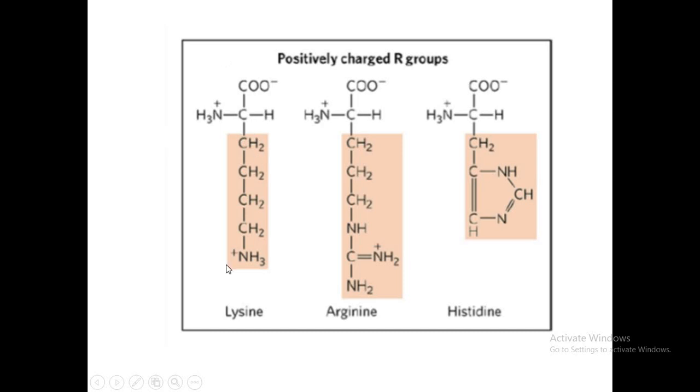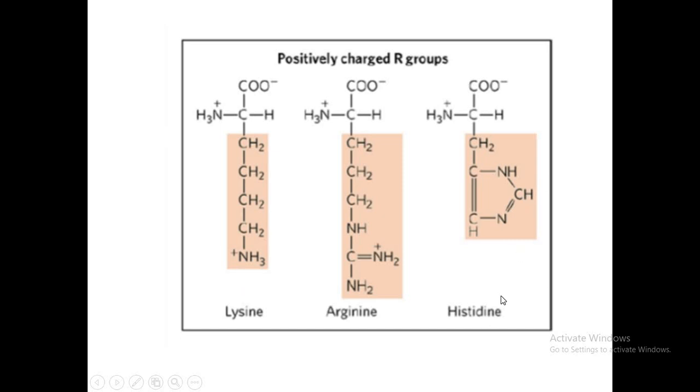Although they have three charges, two positive and one negative, one positive and one negative cancel each other, and in the end we have a net one positive charge. So due to this net one positive charge, this amino acid is a positively charged amino acid.